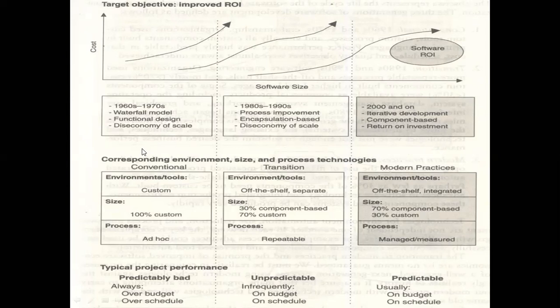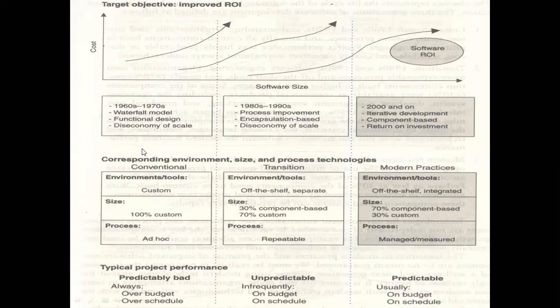Size in conventional: 100% custom, that means being decided by the people. Transition: 30% component based, 70% custom. And here in modern practices, 70% is component and 30% you can make variations, custom.